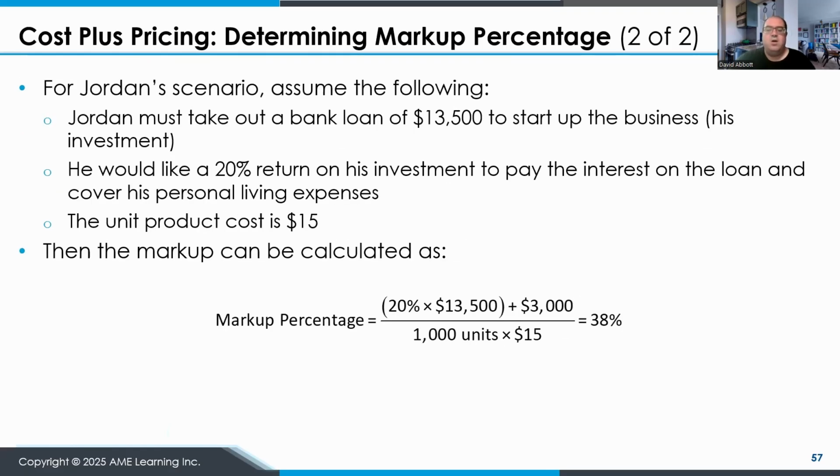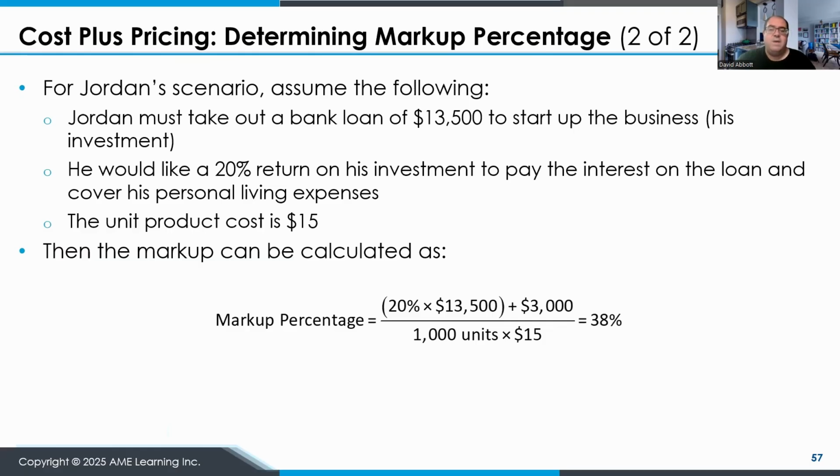And so if we plug all of these variables into Jordan's scenario that we've been discussing, he's going to take out a bank loan of $13,500 in order to cover the startup cost for the business, which is going to be his investment to buy the machine, to provide for where his place is going to be, and so on and so forth.